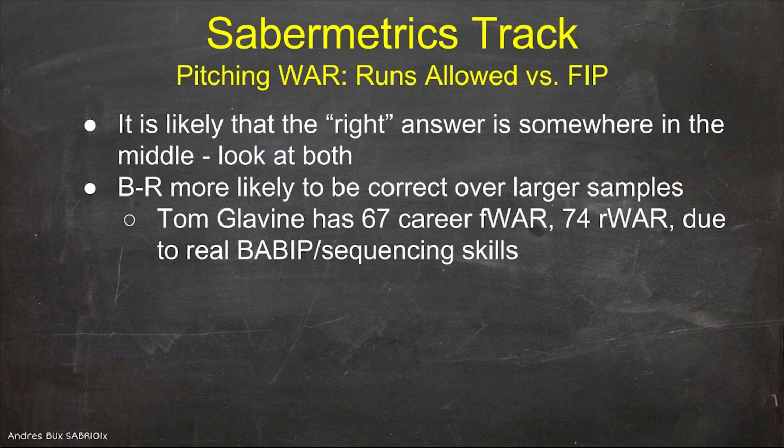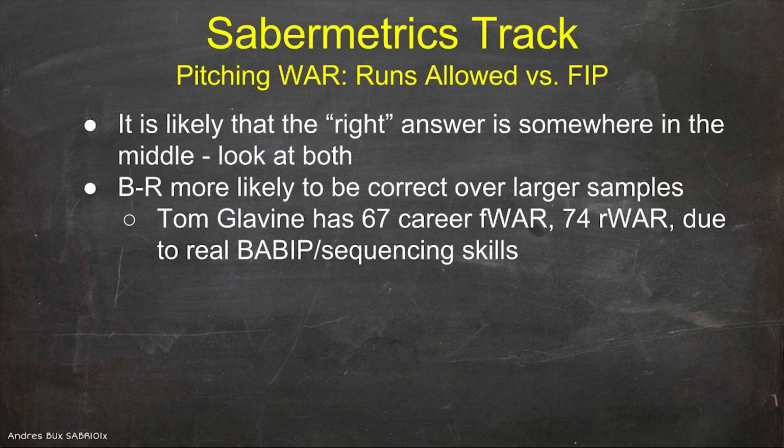His ability to make weak contact, his ability to locate as needed to induce weak contact, his ability to sequence pitches. So Tom Glavine might be the poster boy of representing why FIP doesn't always work. He might have had real batting average on balls in play skills over other pitchers.